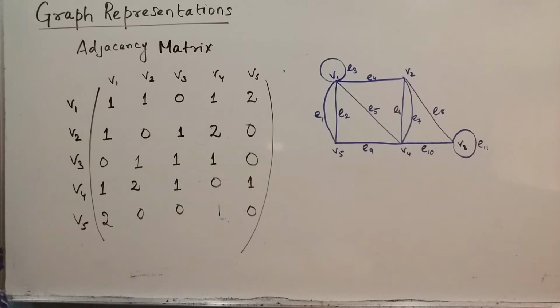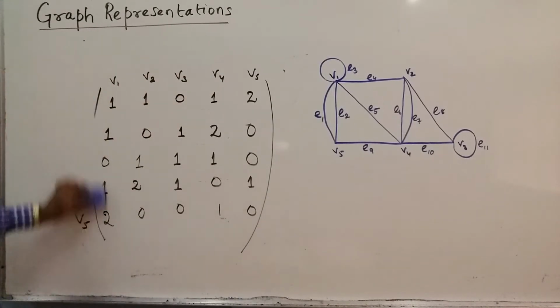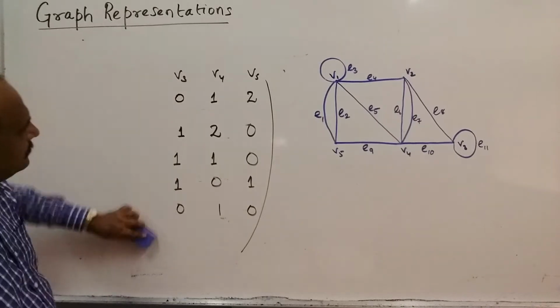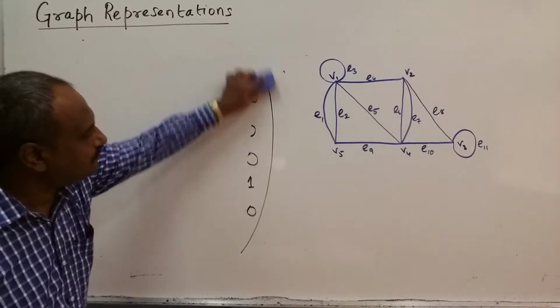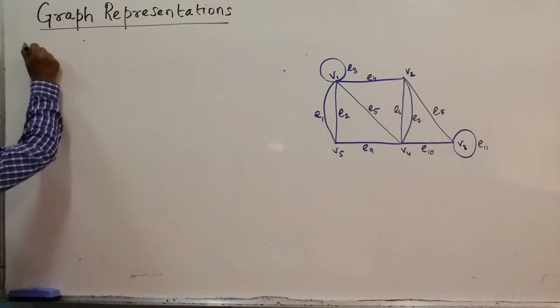In the same idea, we are going to check for the incidence matrix, or incident matrix. For the incident matrix, we are going to take the vertex and edge.